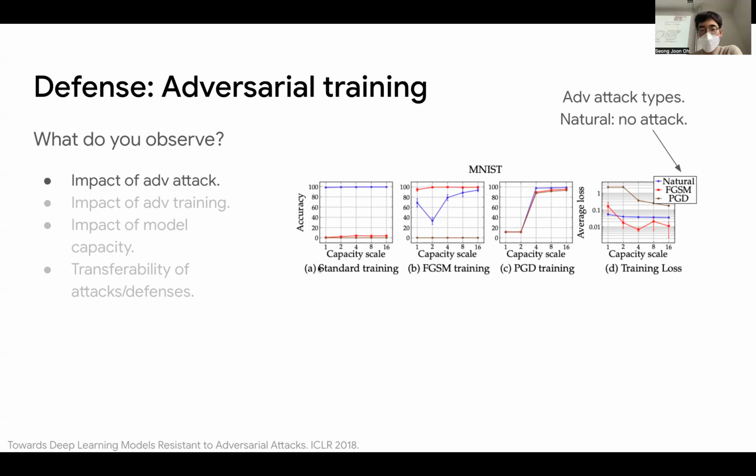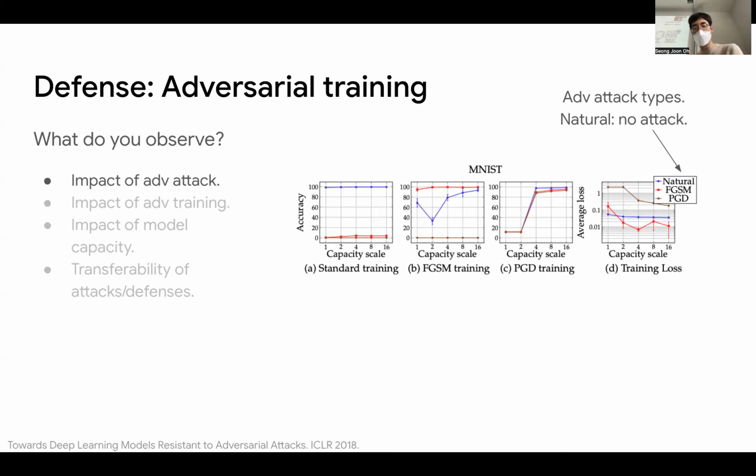And A, B, C, D are after different training. A is just normal training. B is after FGSM adversarial training, meaning that you have trained your model with FGSM attacked samples. PGD training means you train with PGD samples. So for this vanilla training model, any kind of attack pushes your score down close to 0. Although FGSM is slightly weaker than PGD. PGD just gives 0 for every sample, right?